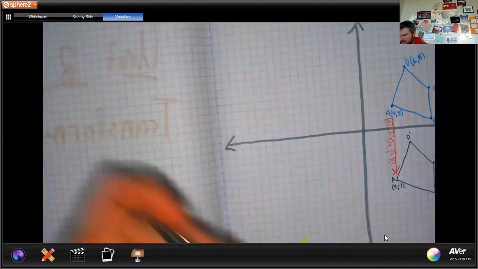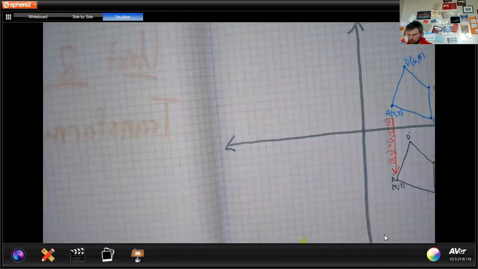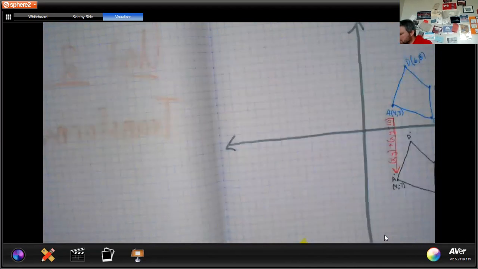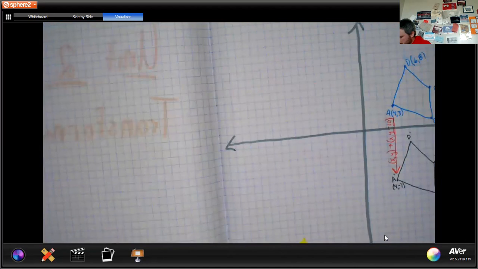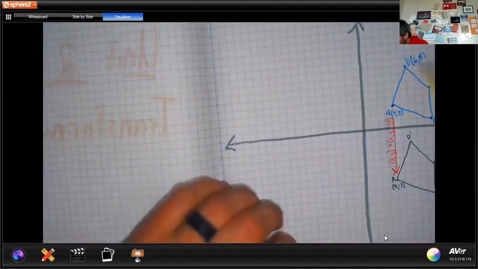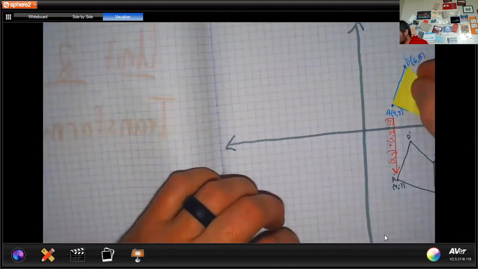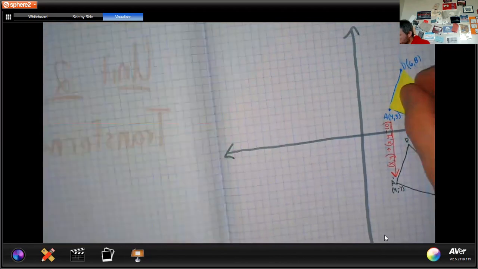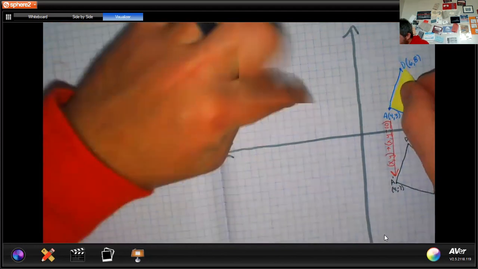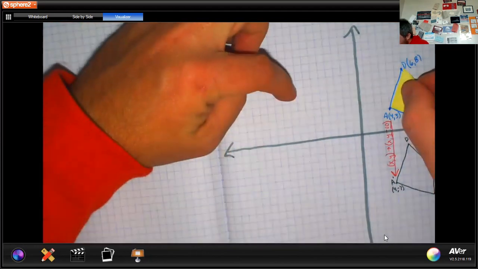Now let's do another one here. Let's take this shape and move it over here. Actually, let's go over here. So we're going to go 12 units.